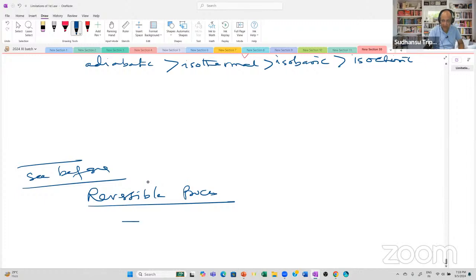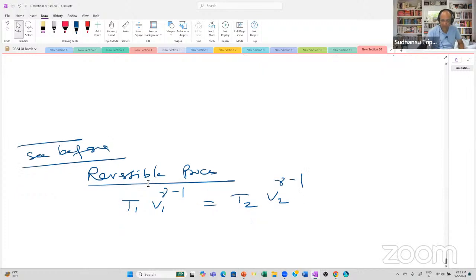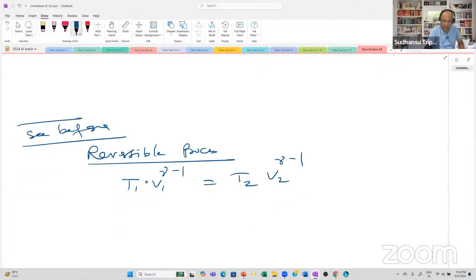This is T1 V1 to the gamma minus 1 is equal to T2 V2 to the gamma minus 1, and the initial temperature is 300, volume was 10. Since it is monoatomic, 1.67 minus 1, it is 0.67, is equal to T2. V2 is 20, I'm sorry. The initial volume was 10, to the power 0.67, and the final volume is 20.